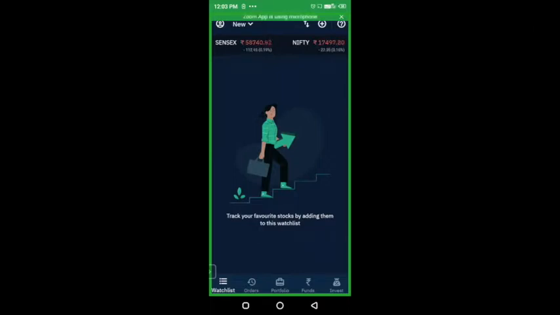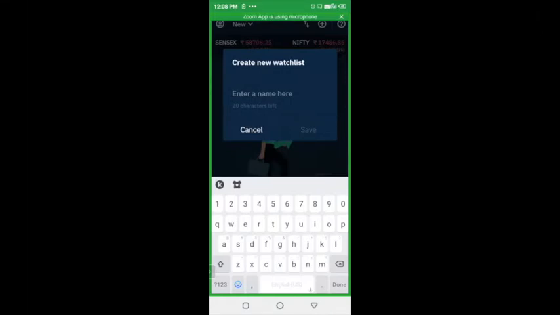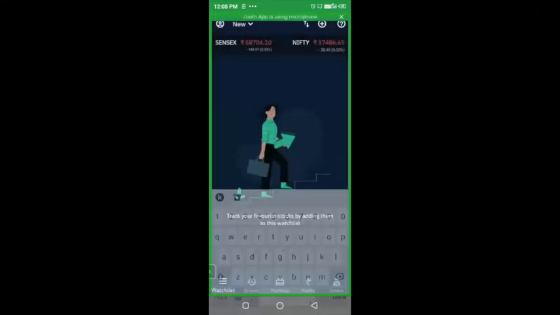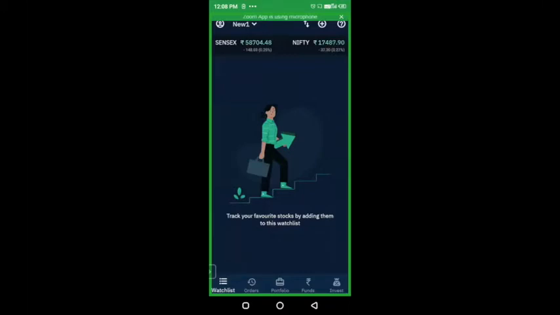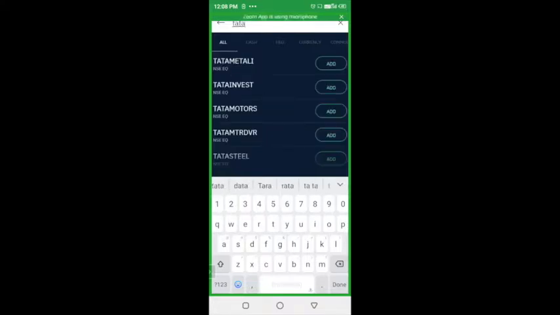have fallen today. If you click here, you can create a new watch list, save, and then to add some stocks to your watch list, you can click the plus button. Okay, after you type your stock name, you will have Tata Motors in both NSE as well as BSE.